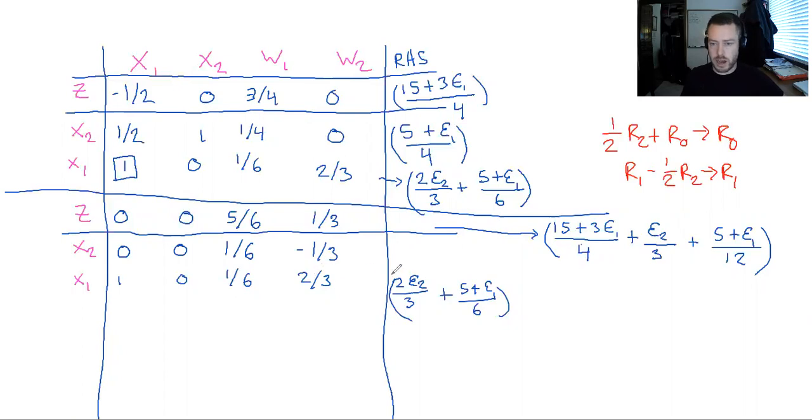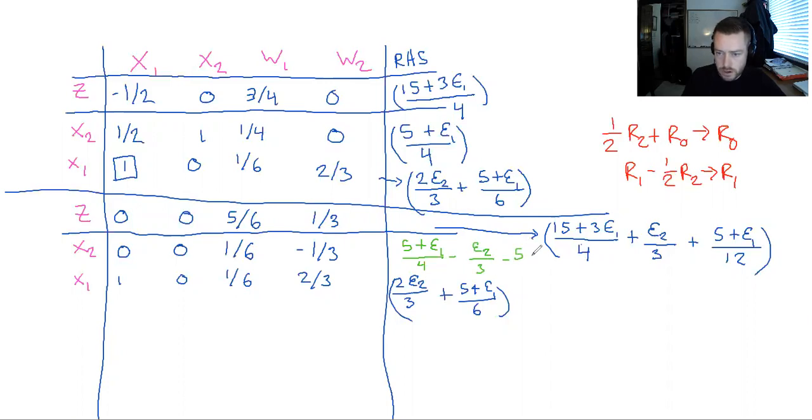Okay, and then what you have is you have this guy, subtract half of that. Draw this in maybe like a different color, give it more, stand it out more. So we're going to have 5 plus epsilon 1 over 4. Subtract epsilon 2 over 3.